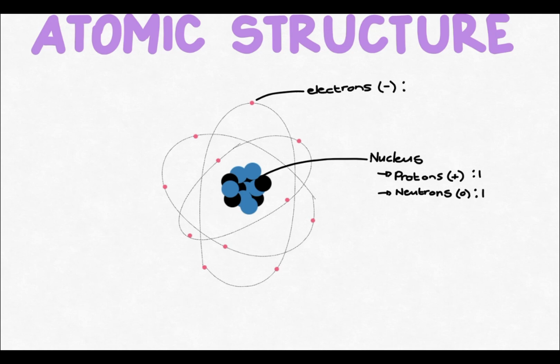Electrons are very small, with a mass of only 1/1836 of an atomic mass unit. Most of the space in an atom is empty space, meaning the majority of the mass and density comes from the nucleus.